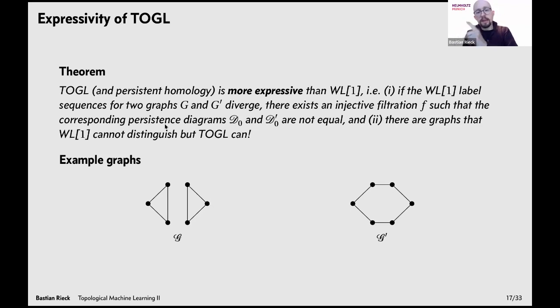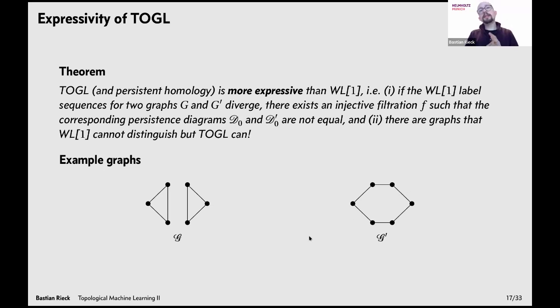But secondly, there are also graphs that WL1 cannot distinguish, but TOGL can distinguish them. So two example graphs that we can distinguish based on persistent homology quite easily are these two guys here. So this is a graph with two connected components. This is a graph with a single connected component. But likewise, it can also be characterized and distinguished by noting that one has two cycles and the other one has only a single cycle, right?